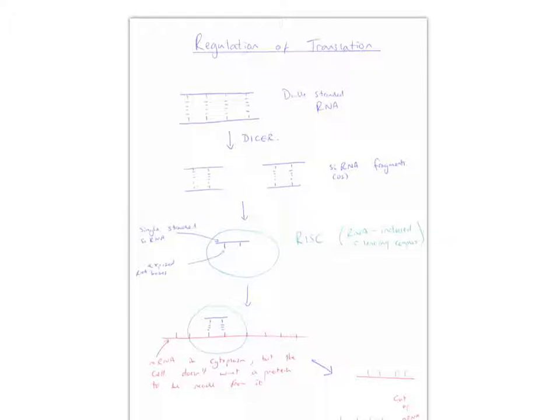And what's important here is that these bases will be complementary to bases on the mRNA molecule that you don't want to be translated, that you don't want to reach the ribosome.